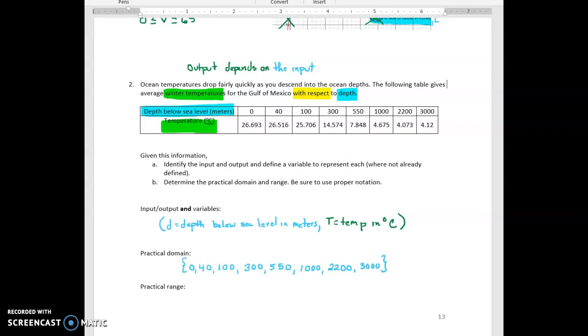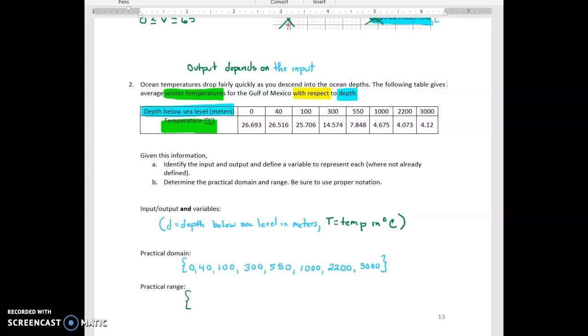Then our practical range is going to be our outputs, and we want to go from the least output to the greatest output. We're not going to write these quite in order, because 4.073 is actually less than 4.12, and then 4.675 and so on; the rest are correct.